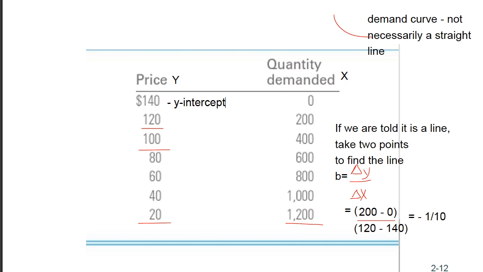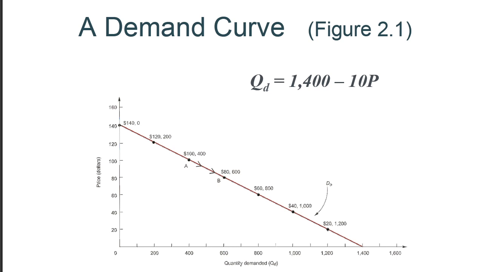When quantity demanded is 0, y-intercept is 140. So let's put it together. Are you guys with me? That's how you get this equation down here.